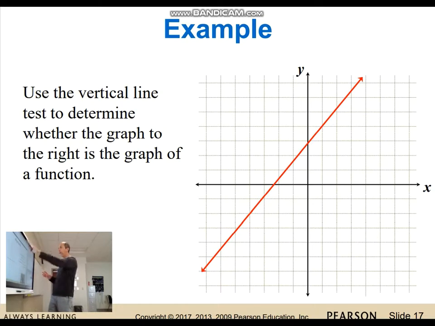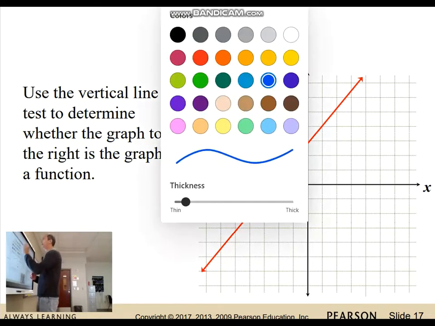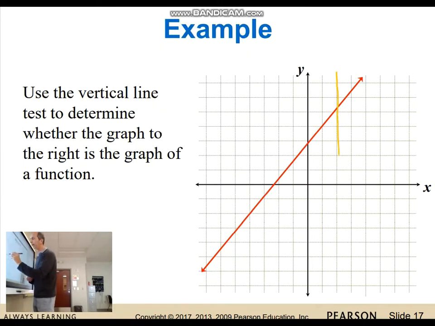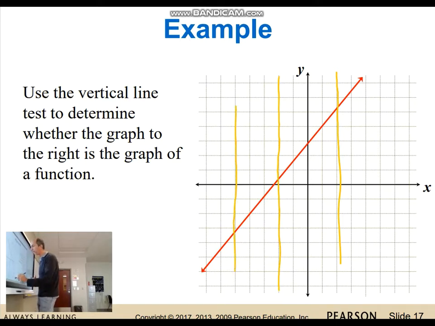You can see the graph here as a relation, and it's a nice linear equation, but the question is: is this a function or not? What we're going to do is apply the vertical line test. We're going to try to draw a vertical line that intersects the graph in more than one point.